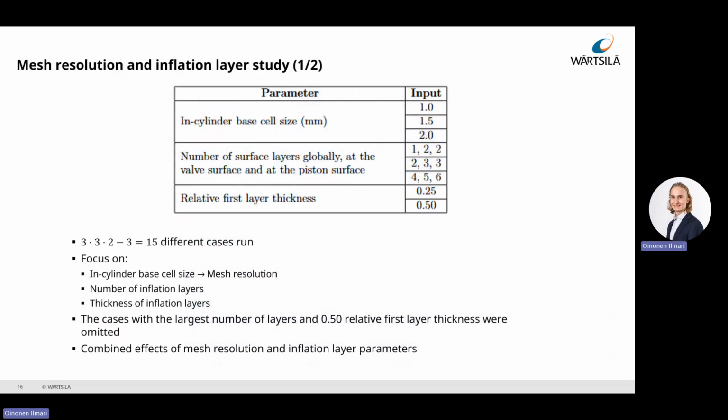The second study looked at 3 different mesh resolutions, 3 configurations for mesh surface inflation layers, and 2 relative first inflation layer thicknesses, totaling 15 cases. Surface inflation layers are used to capture boundary layers that form when fluid flow goes past solid surfaces.